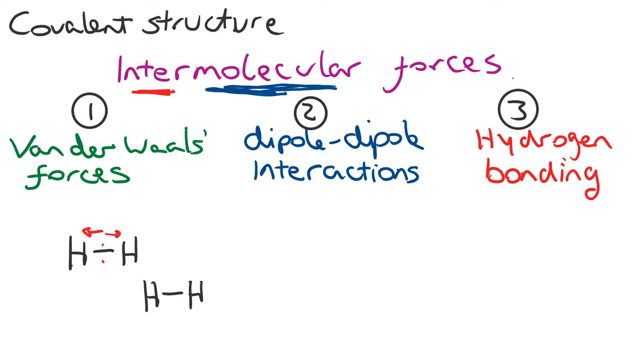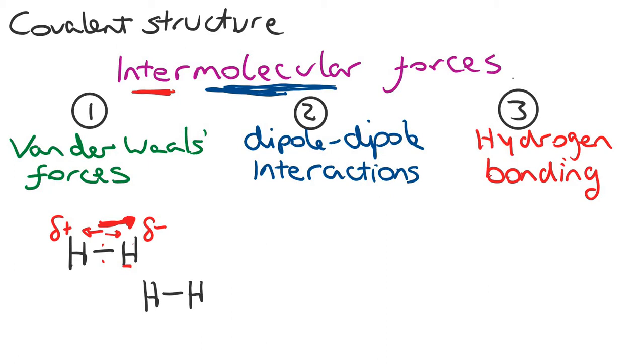As this moves, at any one point in time, it will be at one end of the molecule. So let's say, for example, the electron density is shifted over to this hydrogen atom on the right hand side here. Then this hydrogen atom will have an instantaneous partial charge of delta minus, while this one will be delta plus, thus creating an instantaneous dipole. For more on that, see the electronegativity video.